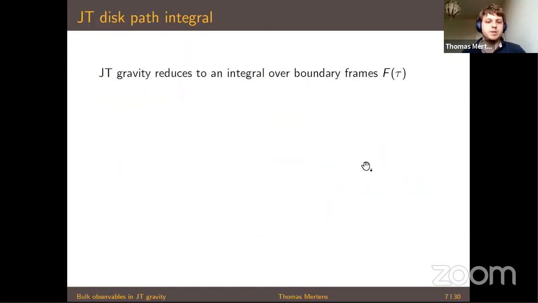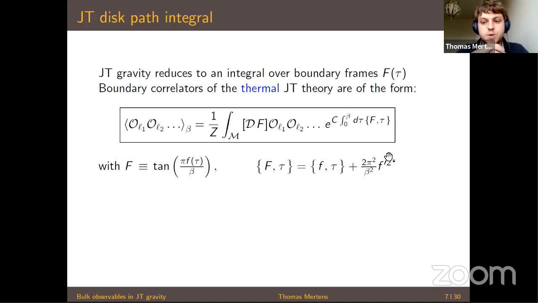Okay, so now that we know that JT gravity reduces to an integral over boundary frames f of tau, what shall we compute with it? During this talk, the main thing that I will need for later on are boundary correlators of the thermal theory. So I imagine computing some path integral that looks like this.